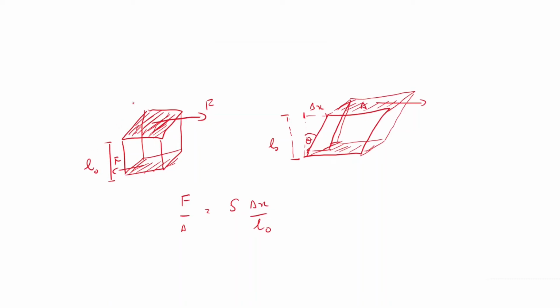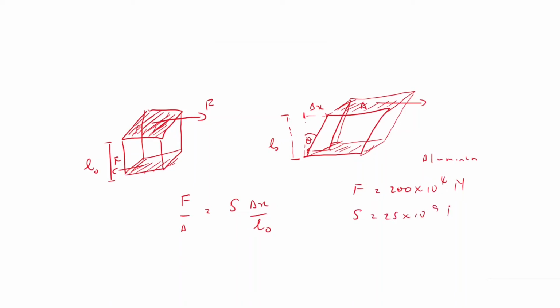So for instance, if I say I'm going to apply 200 times 10 to the power 4 newtons force, and this is aluminium. The aluminium has a shear modulus of 25 times 10 to the power.